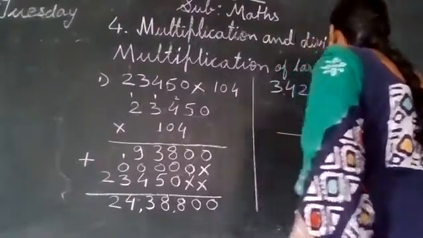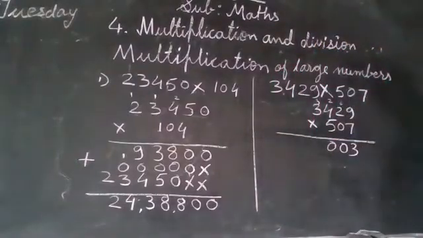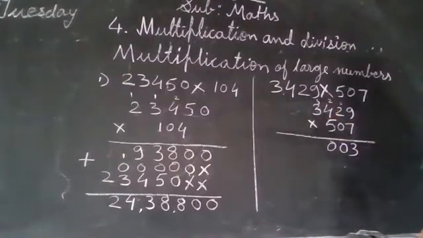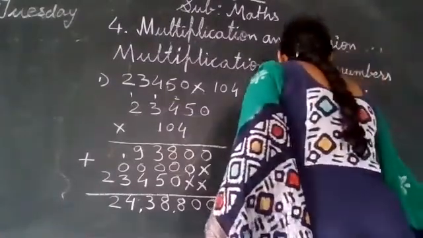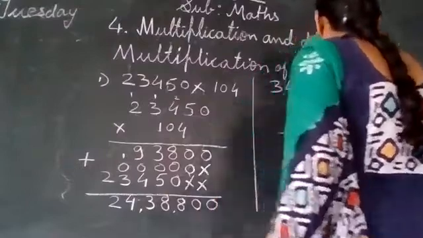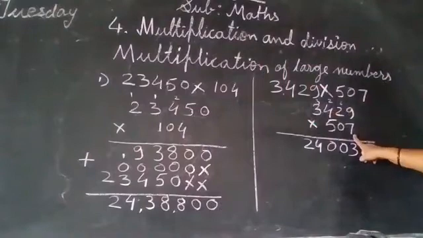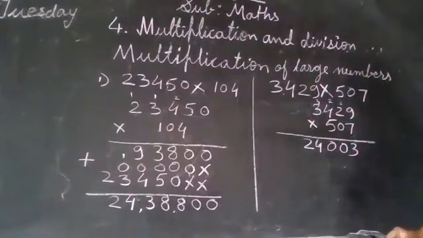Carry over 3. 7 3s are 21. Plus this 3, it is 24. Okay. Now our multiplication by this ones place, that is 7, is over.